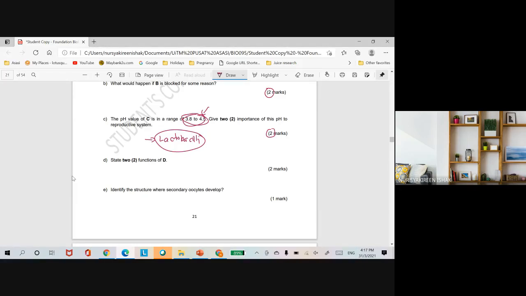So what will be implanted, the implantation that happens, is the blastocyst. Okay, so blastocyst will be implanted in the endometrium lining. So as the blastocyst is implanted into the endometrium lining, it will form projections, from the trophoblast layer. The trophoblast layer is the outer layer of the blastocyst. Okay, so please refer to your diagram.